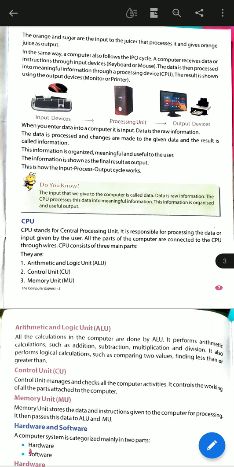Next comes the memory unit. The memory unit stores the data and instructions given to the computer for processing. It then passes this data to the ALU and MU. The memory unit stores the information given to the computer for processing. Understood?